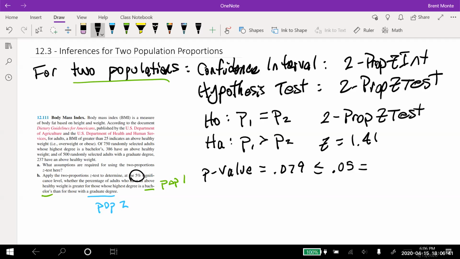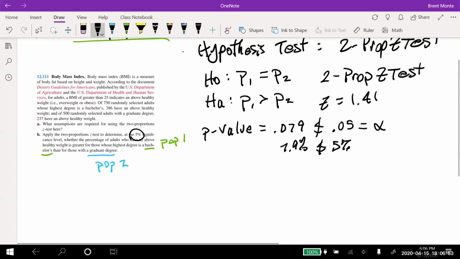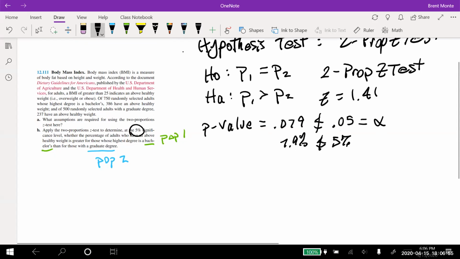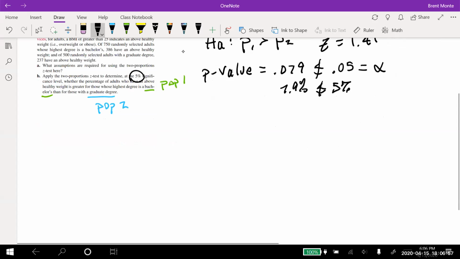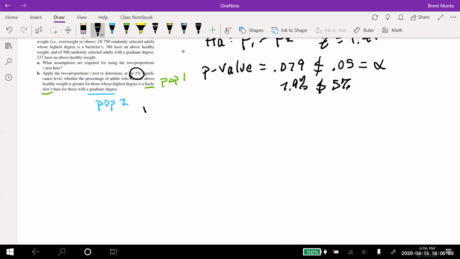And you know what, friends? It is not. That's a 7.9%. That is not less than or equal to 5%. So this time I don't reject the null hypothesis. So we'll say, do not reject the null hypothesis.